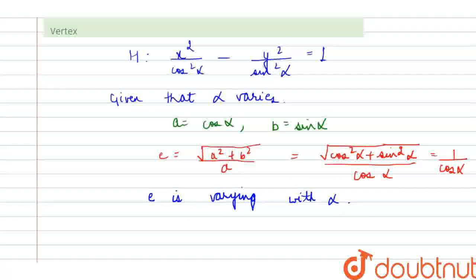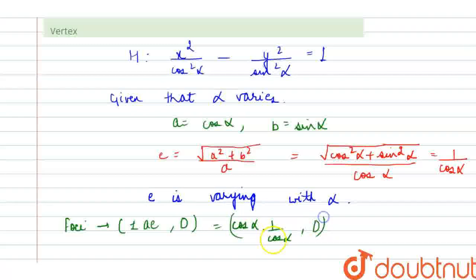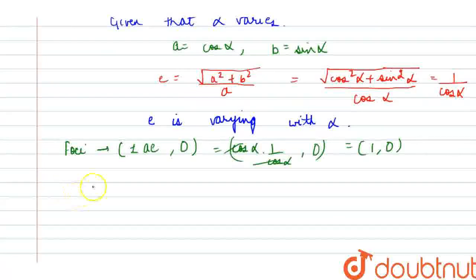So now let us have a look at the foci. We know that foci for the hyperbola is plus minus a e comma 0. So substituting the values, since a is equal to cos alpha, e is equal to 1 upon cos alpha, comma 0. So it means that foci is 1 comma 0. Also let's have a look at the vertex.